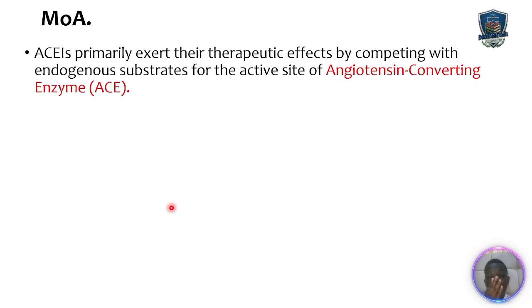Now, as we continue, let's look at the mechanism of action. ACE inhibitors primarily exert their therapeutic effects by competing with endogenous substrate for the active sites of the angiotensin converting enzyme. So basically, our drugs are competing for the active sites of the ACE.